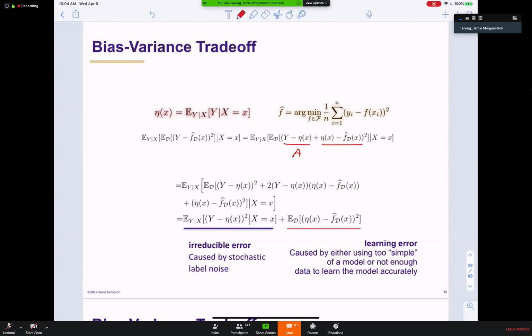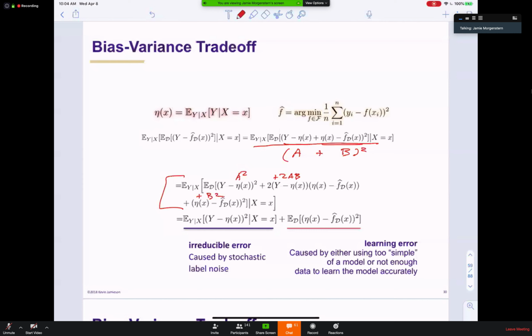If we have (a plus b) squared, that's equal to a squared plus 2ab plus b squared, right? So we can just rewrite this term as this one.